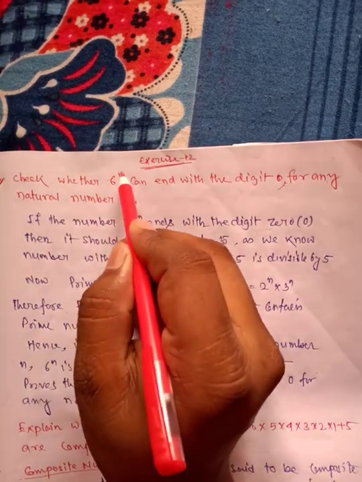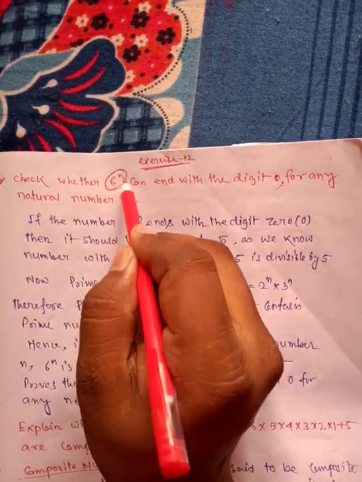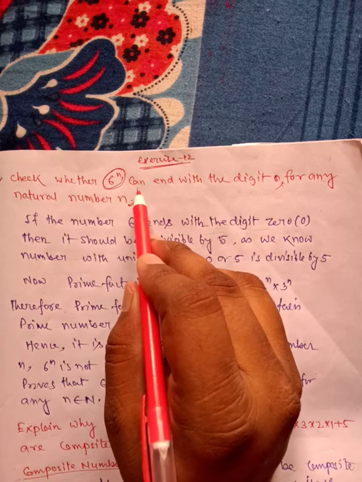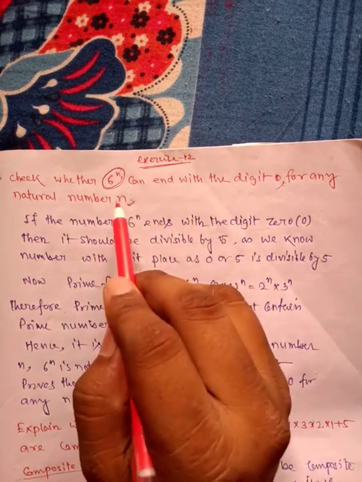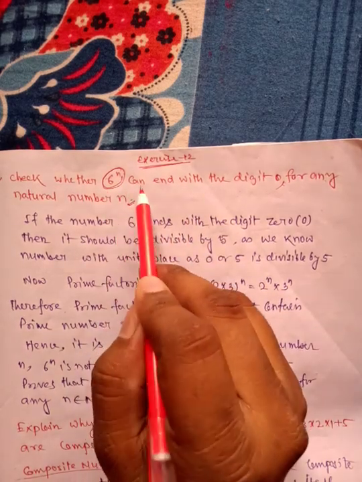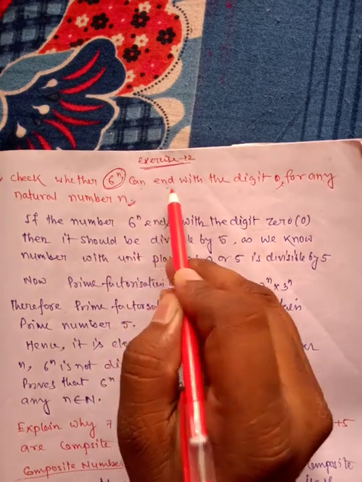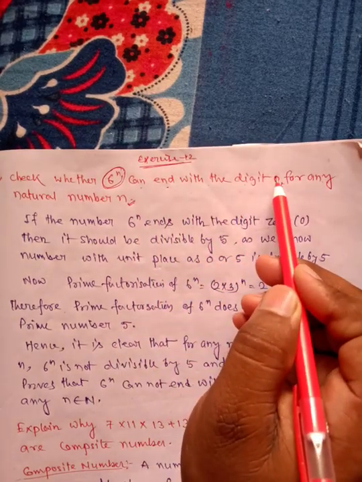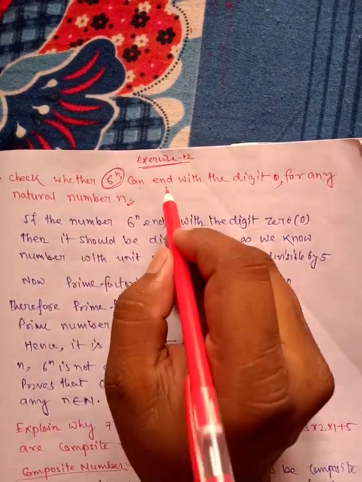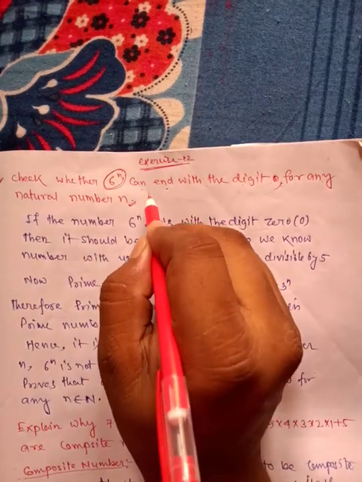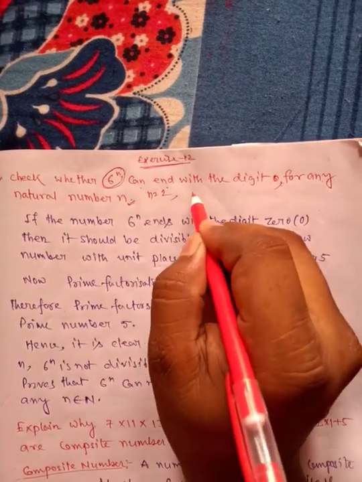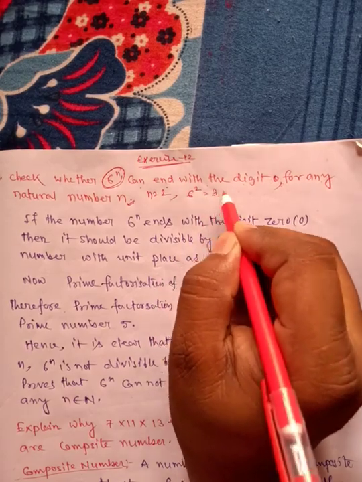So what is the question? You have to check whether this statement is true or false: 6 to the power n can end with the digit 0 for any natural number n. That means if you take n equal to 2, then 6 squared is 36.